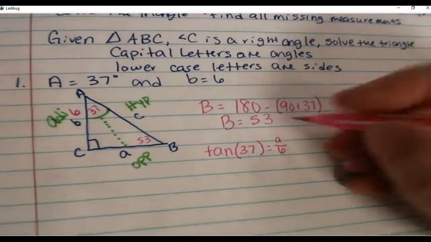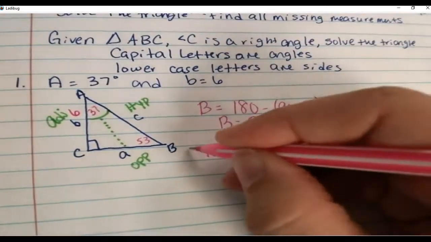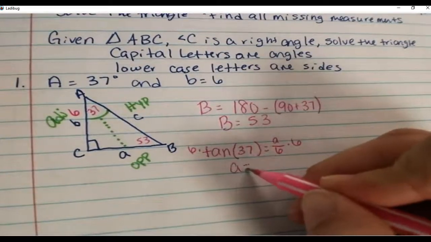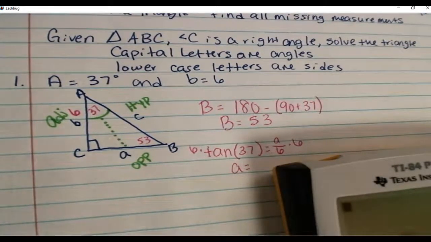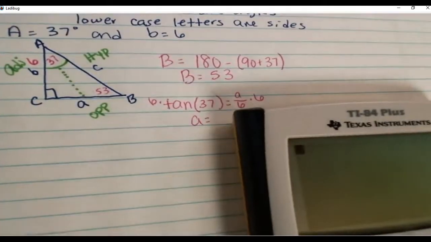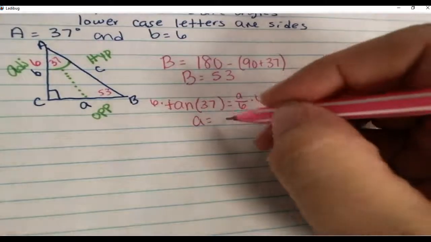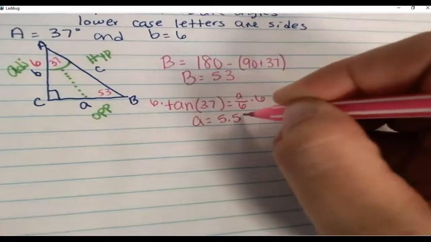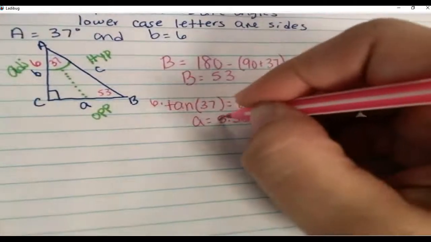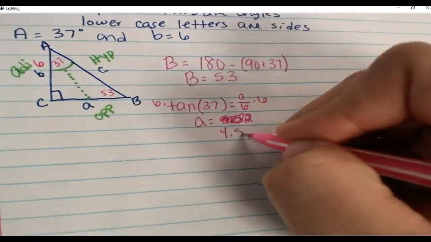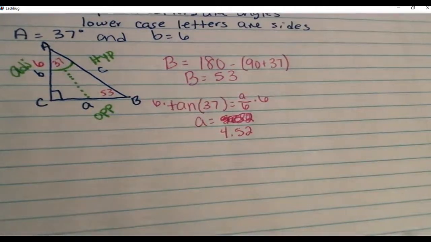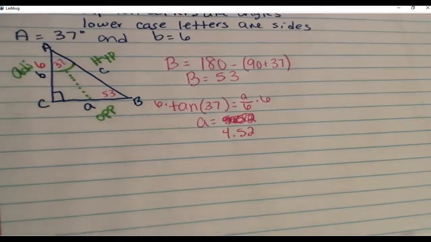Solve for A, so just multiply by 6. Just make sure your calculators are in degree mode. Remember to do that, you go to mode beside the blue button, and it's the third line down. So 6 tan of 37, and we get 4.52. Questions?